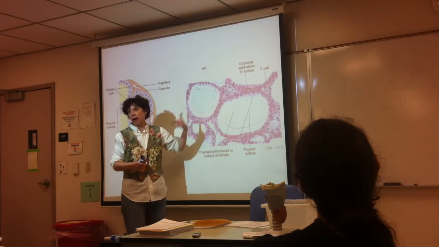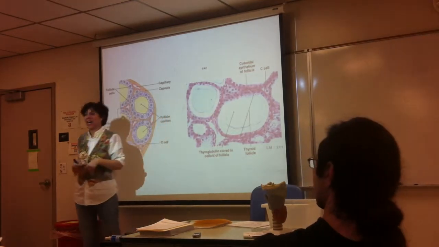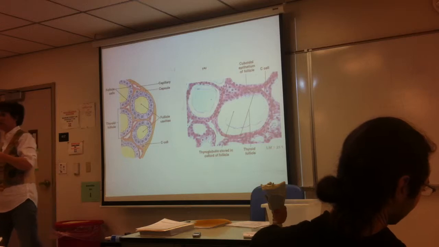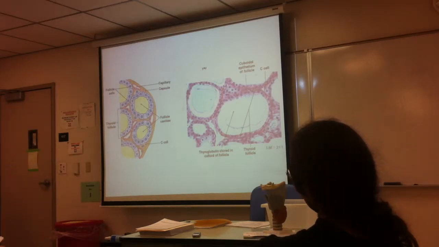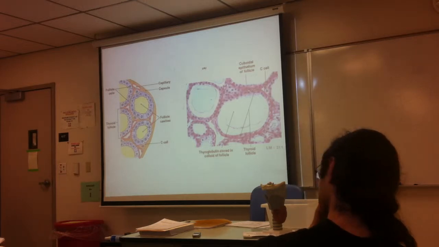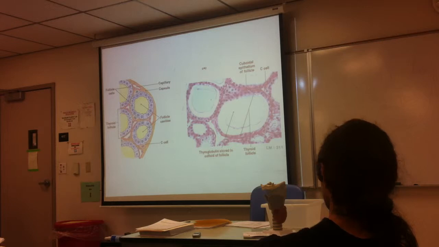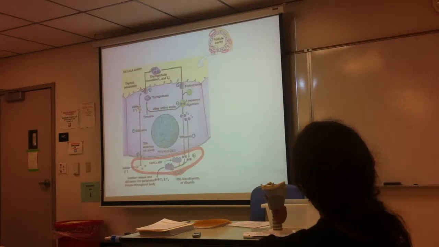And then depending on TSH, thyroid stimulating hormone from the anterior pituitary, it will make more, it will release more, depending as the levels rise or fall in the bloodstream. So I have several different images of the pathways. I'm going to leave this one up here as we talk about it.